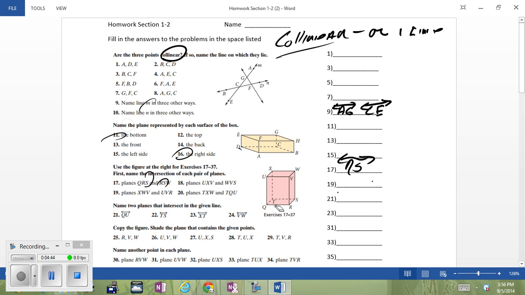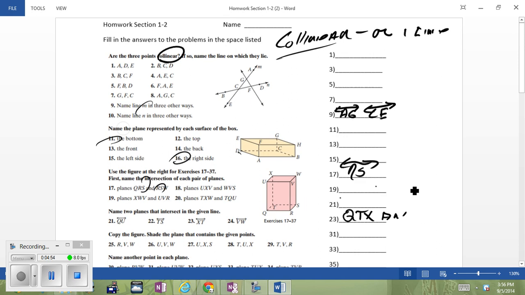Well, we have QTX for 1, and what? The back, which is XTS. Now we can name a plane with those 3 letters, and we can tell somebody it's a plane by using the little parallelogram symbol there. So that tells us we're looking at that plane, okay?